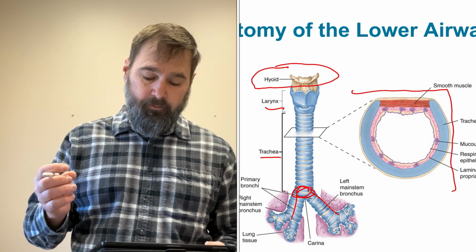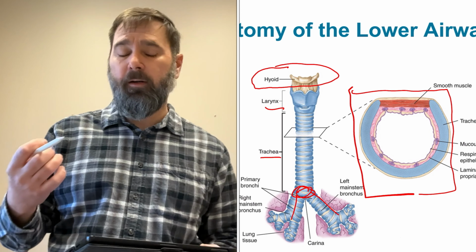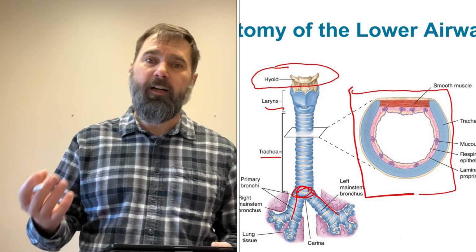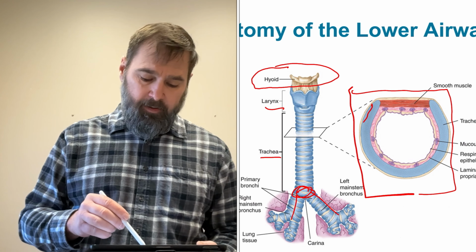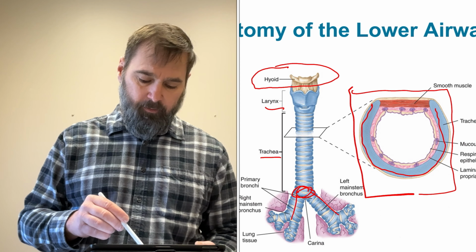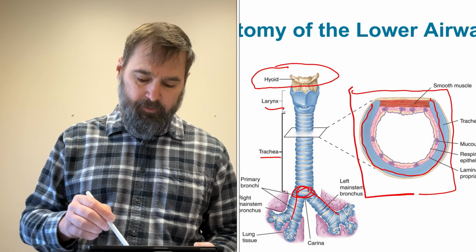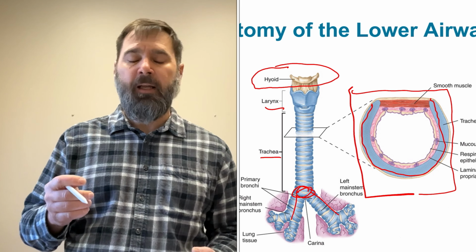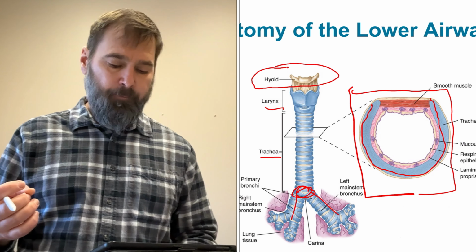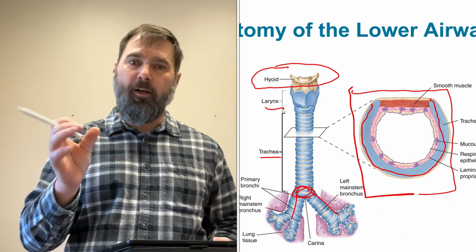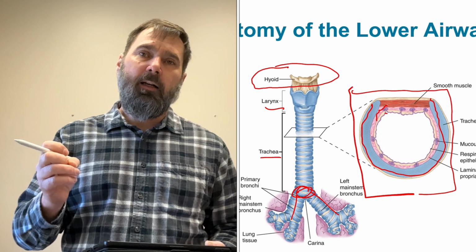Those provide structure and support, and also some protection. On the inside we have a soft tissue or muscular layer. The muscular layer of our trachea constantly opens and relaxes.